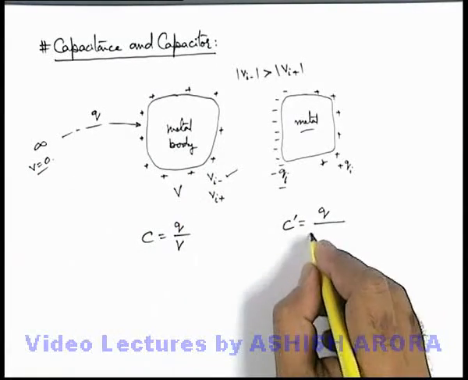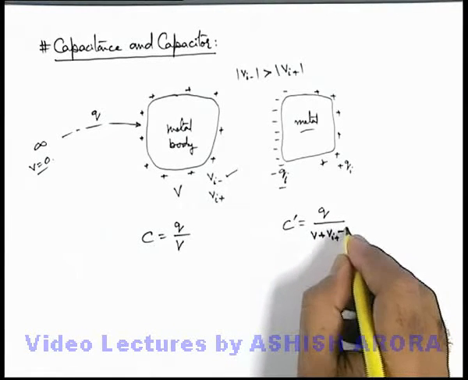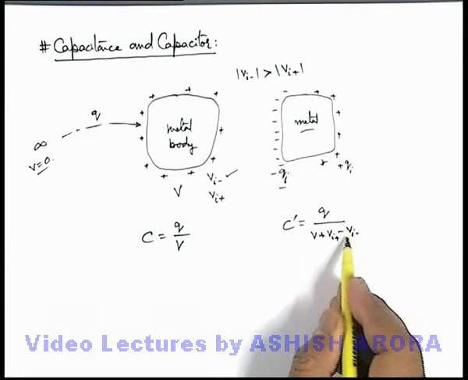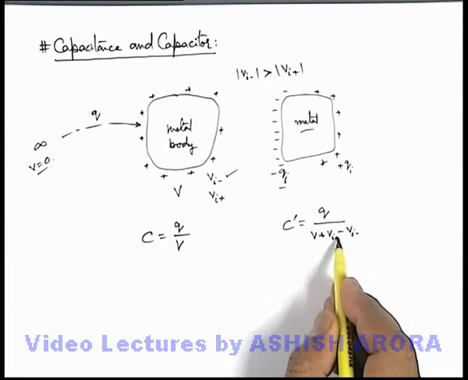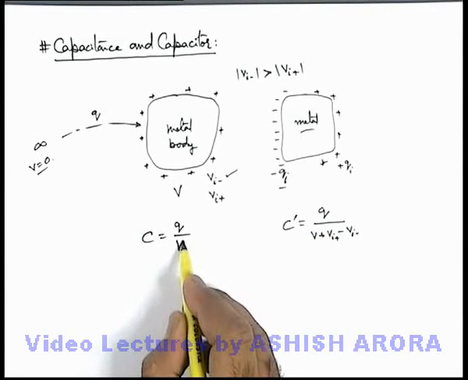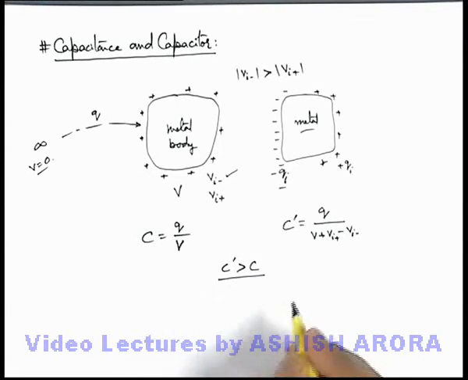Now its potential will be V plus Vi plus minus Vi minus. And here you can see that in magnitude Vi minus is more than Vi plus, so this denominator will be less than V. So we can say the value of C prime is more than C.